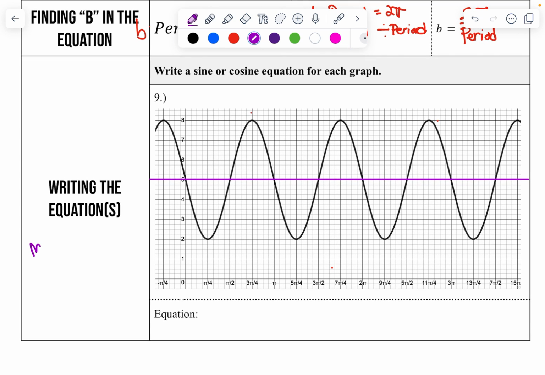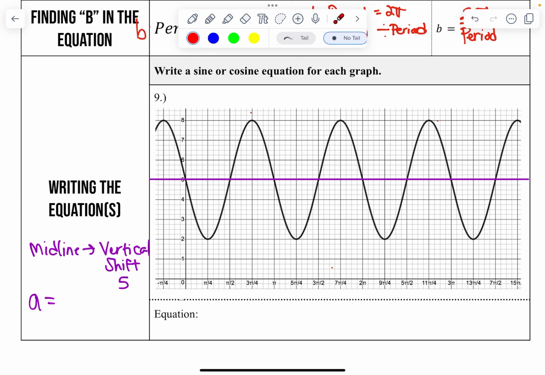So midline, remember, is your vertical shift. And so vertical shift for this one is 5. The amplitude, well, from that midline at 5, it goes up here to 8, so the amplitude would be 3.